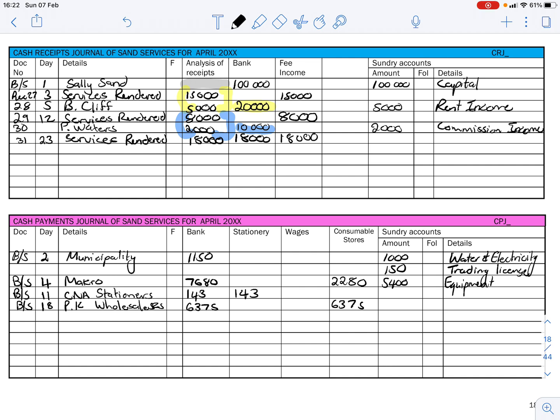Our last two transactions for this activity took place on the 26th and the 27th respectively, both in our CPJ. We use bank statements for both. The first one, we are paying Coastal Municipality.